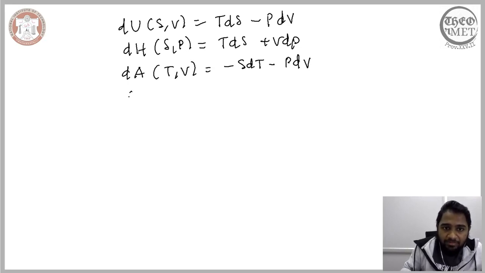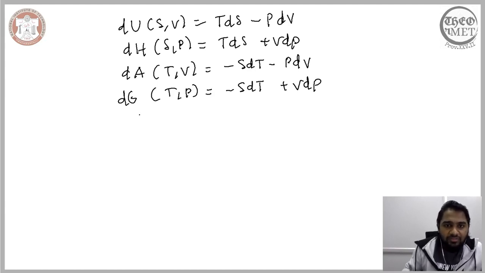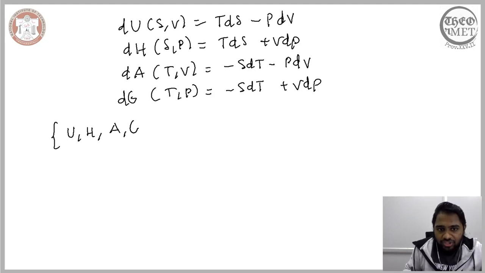And we have Gibbs free energy, that is dependent on temperature and pressure. So the change in the Gibbs free energy, which is dependent on temperature and pressure, is expressed in this way. Now what we essentially have are the thermodynamic functions: internal energy, enthalpy, Helmholtz free energy and Gibbs free energy.